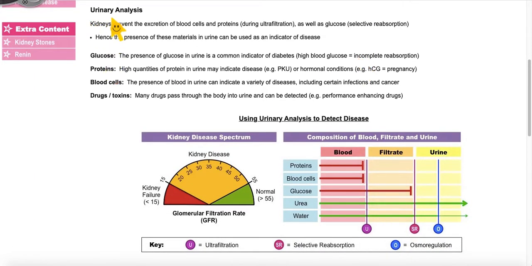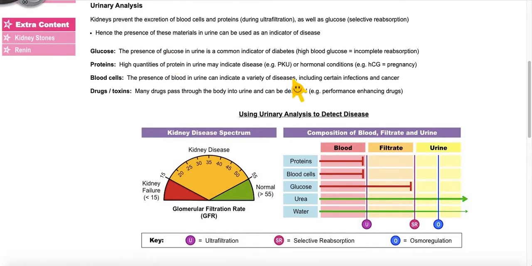So let's look at urinary analysis. So we know that your blood, right, gets filtered in the glomerulus. So that means that in this ultrafiltration process here, that happens right here in the glomerulus in the Bowman's capsule, as the blood gets filtered, you should be keeping important proteins and blood cells in your blood, right?